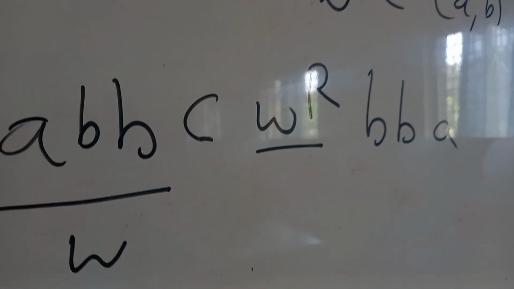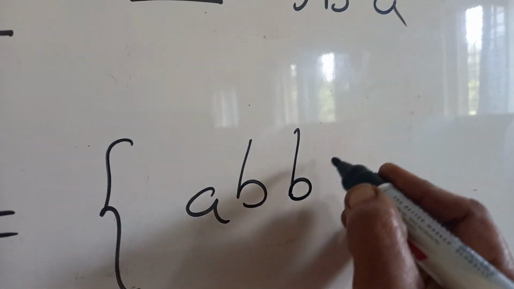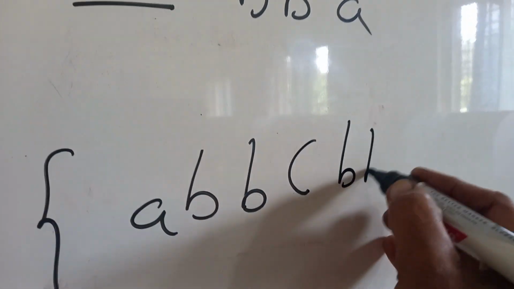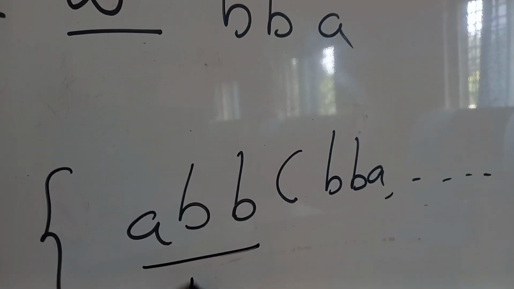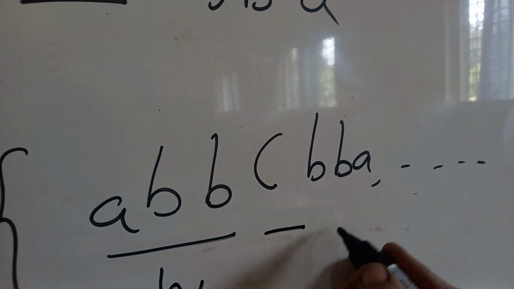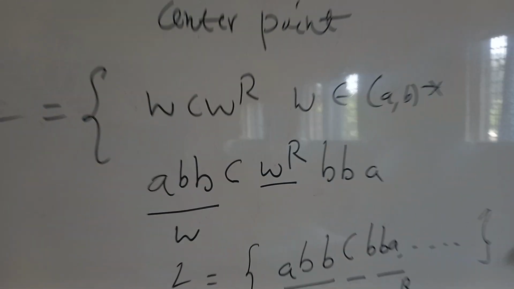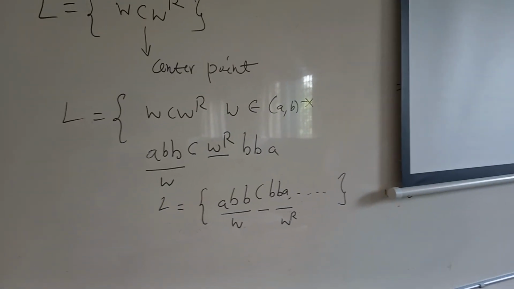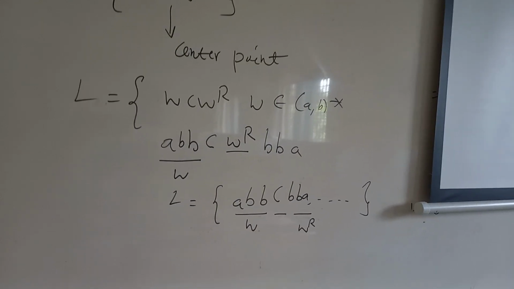So L contains abbcbba, and so on, where abb is W, C is the middle point and bba is W to the power of R. Actually, this problem belongs to obtaining a pushdown automata for odd palindrome.